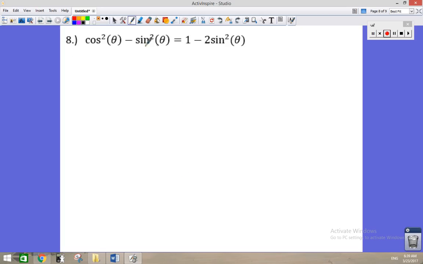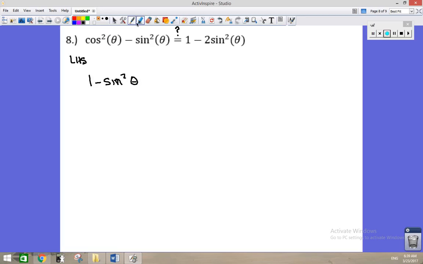Now, this is actually an identity that we have on our reference sheet, but they're wanting us to verify it, and it's pretty easy to do so with the Pythagorean identity. So let's start with the left-hand side. And let's replace cosine squared of theta with 1 minus sine squared of theta.